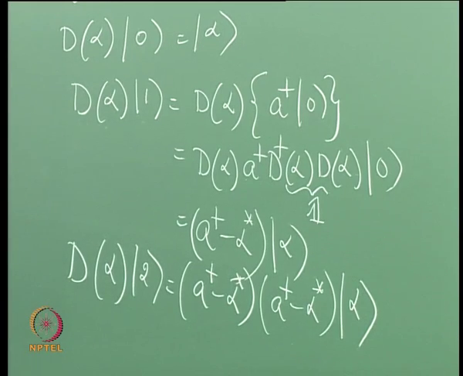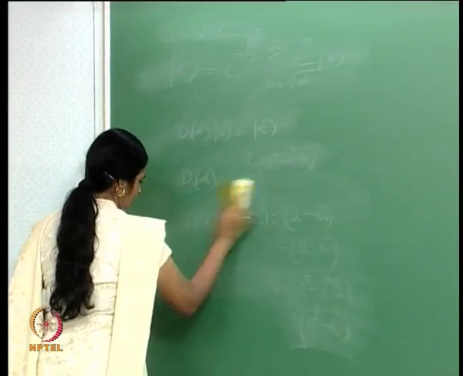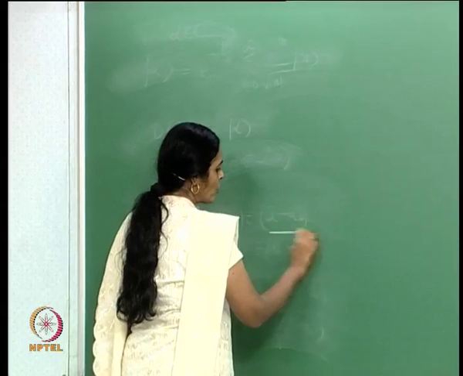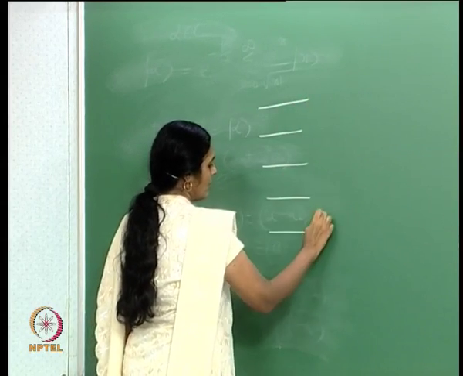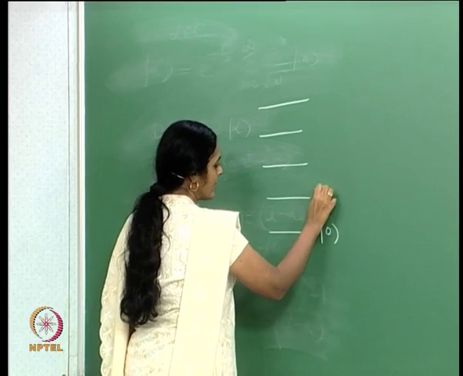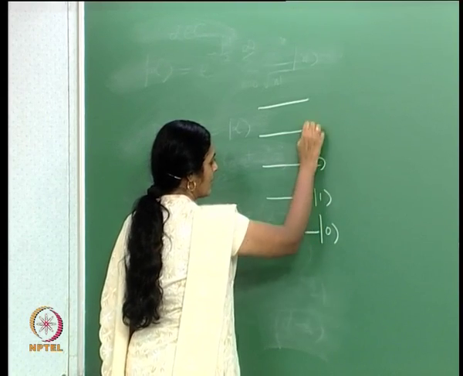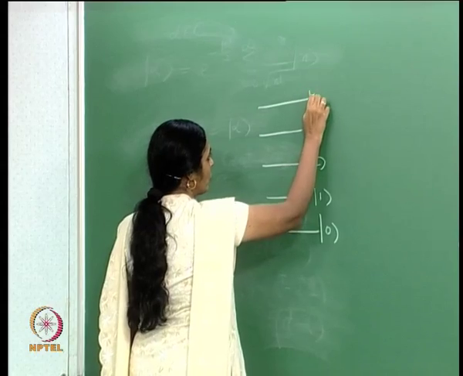I can now have a diagram which says the natural basis which I was considering had a set of eigenstates 0, 1, 2, 3, 4, etc.